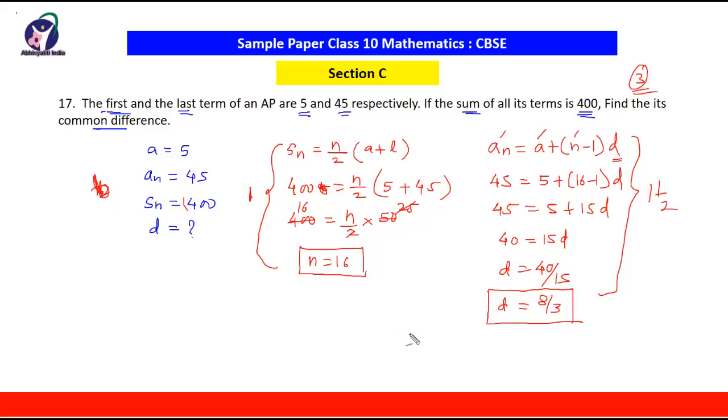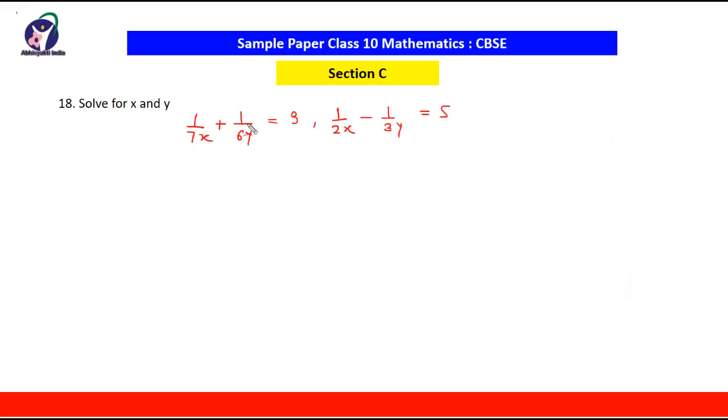At the end you have to write the answer, so answer will be common difference is equal to 8 by 3, and highlight this common difference so that it will be examiner friendly, and here you will get half mark for the answer. So this part will get 1 mark, this part will get 1.5 marks, and this part will get half mark. Likewise you will get 3 marks.